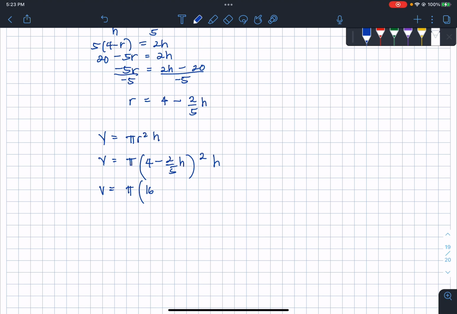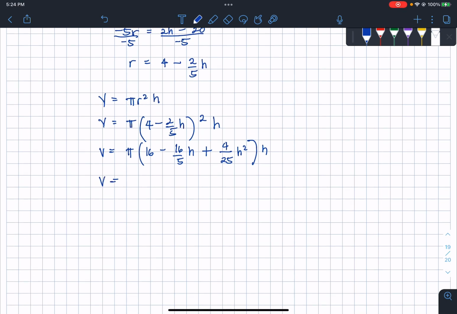And then, so 2 times 4 times negative 2 all over 5. So we'll have 2 times 4 is 8 times 2, 16. So negative 16 all over 5h. Then plus, so 2h or 2 over 5 times 2 all over 5. So that would be plus 4 all over 25h squared. Then multiply it with h.